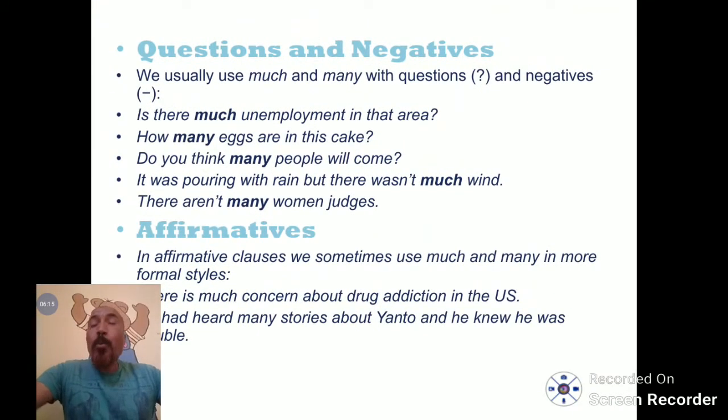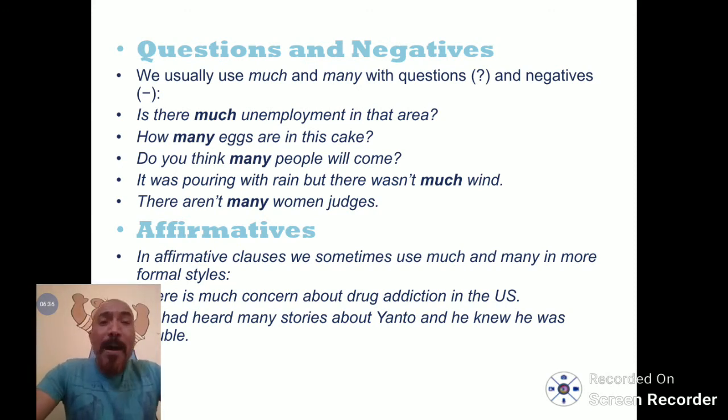Now we are going to see how we use much and many in questions and negative form. We usually use much and many with questions and negative form. Like, is there much employment in the area?